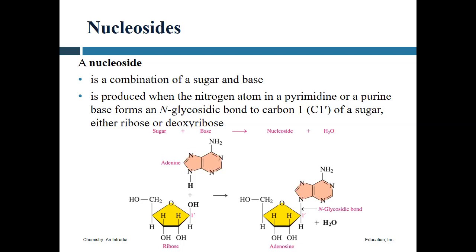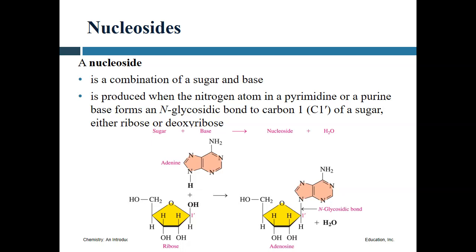So by definition, a nucleoside is this chemical combination of sugar and base. And we get this from this dehydration reaction, where again, the hydrogen off of the base and the hydroxyl group off of either the ribose or the deoxyribose, they're going to jump off and make water.